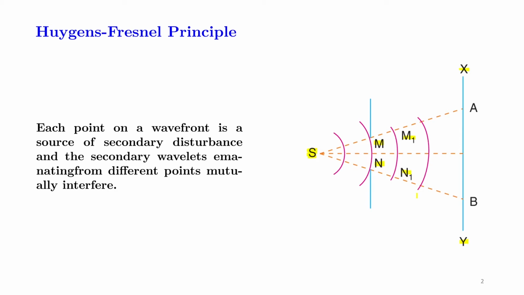These secondary wavefronts result in encroachment of light in the geometrical shadow, and this phenomenon is known as diffraction. That is, according to the Huygens Fresnel principle, each point on a wavefront is a source of secondary disturbance, and the secondary wavelets emanating from different points mutually interfere.